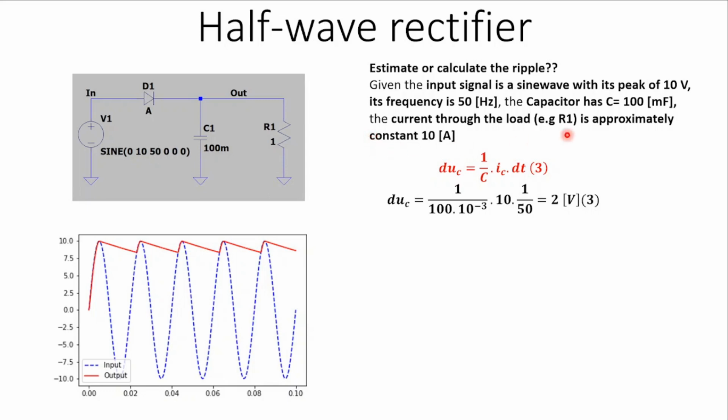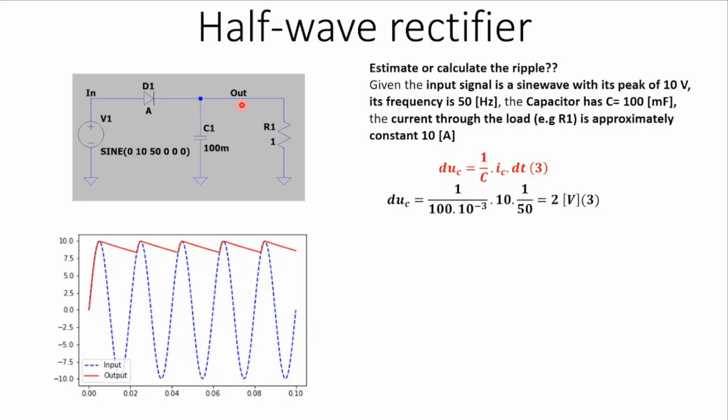Because we are given the current going through the load, the current going through the load is considered when we are in the discharging process. When we are in this process, the current going through the load is 10 ampere, and that current is provided by the capacitor, only the capacitor.